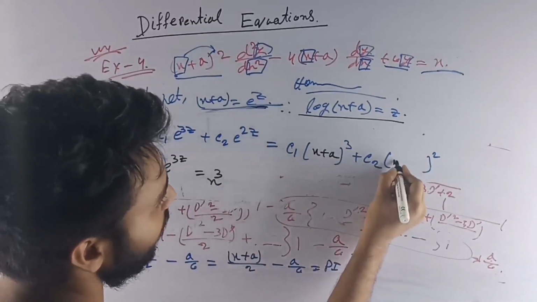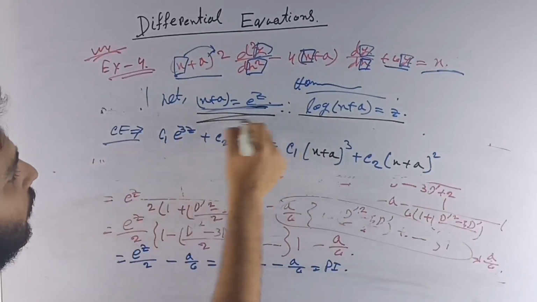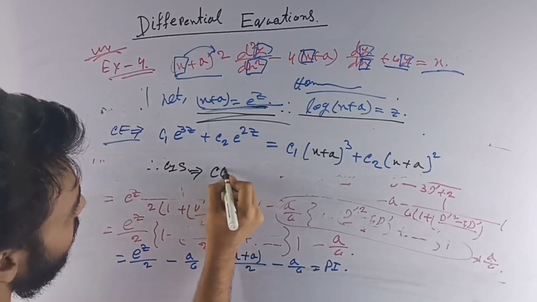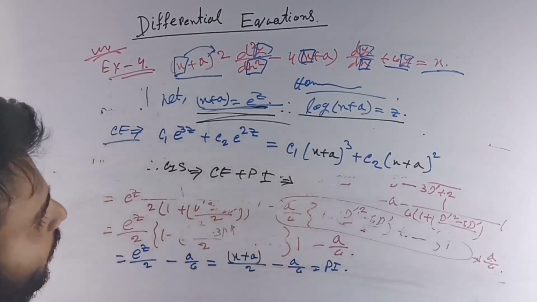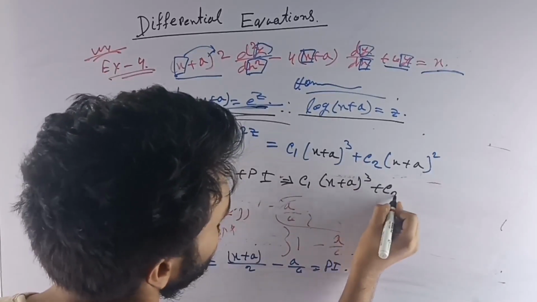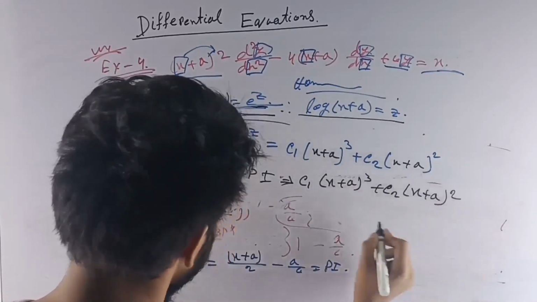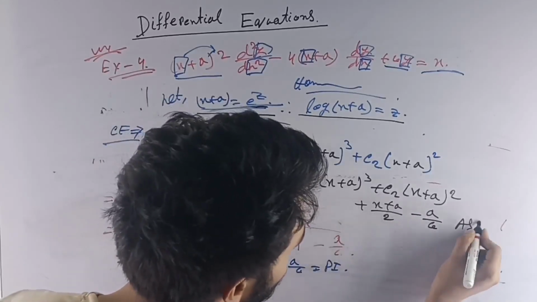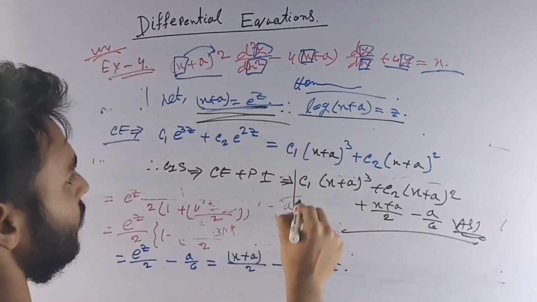Now here x equals to x plus a, therefore write here x plus a as well. We also let x plus a equal to e to the power z, therefore we write it. And now gs equals to cf plus pi, that's c1 times of x plus a whole cube plus c2 x plus a whole square plus x plus a by 2 minus a by 6, and here's the answer.